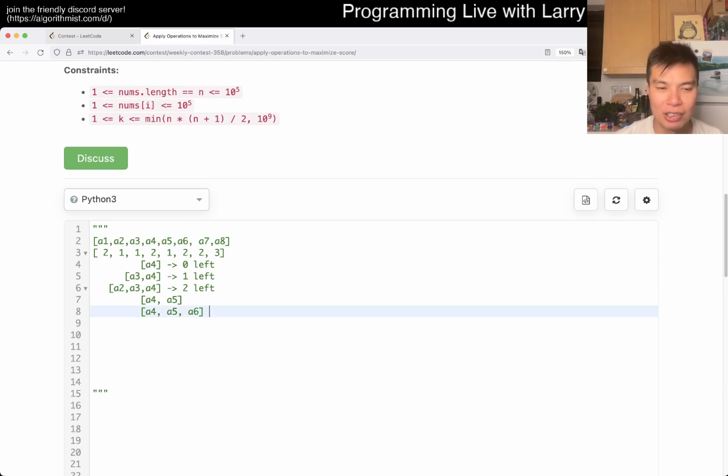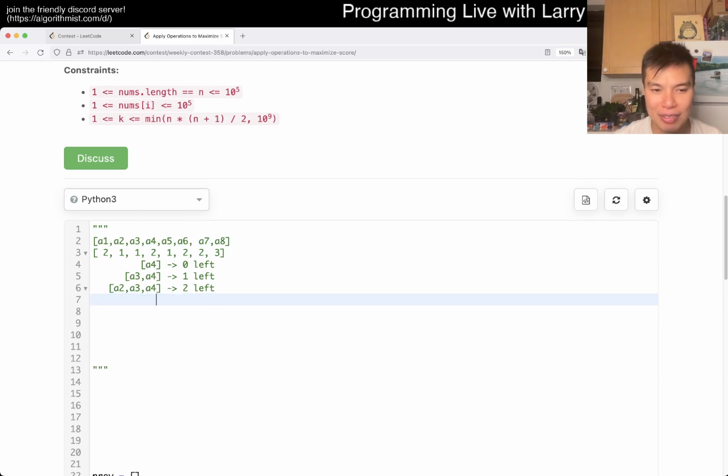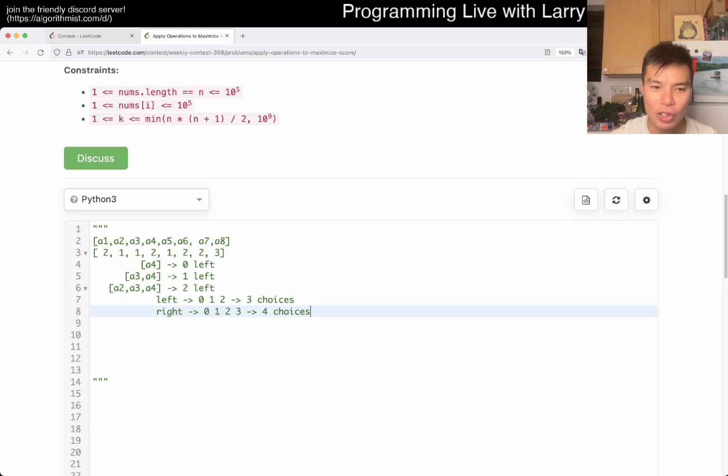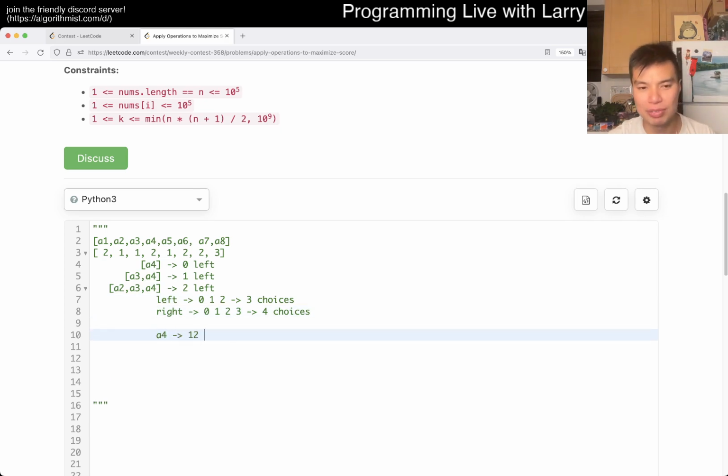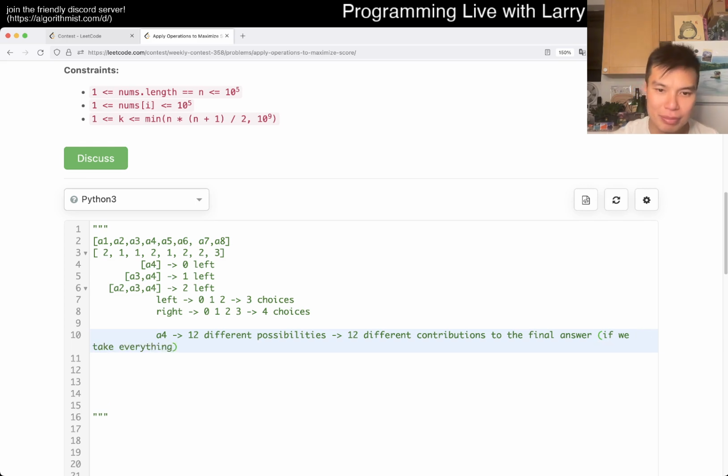That's 4 choices on the right side, and on the left side you have 0, 1, 2, so 3 choices. In total, A4 has 12 different possibilities, 12 different contributions to the final answer. That's basically the idea.